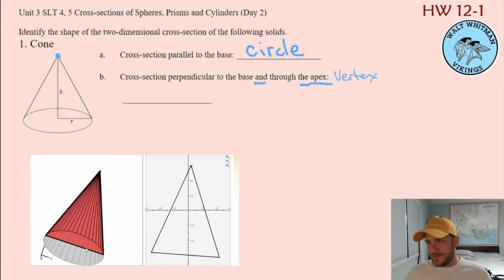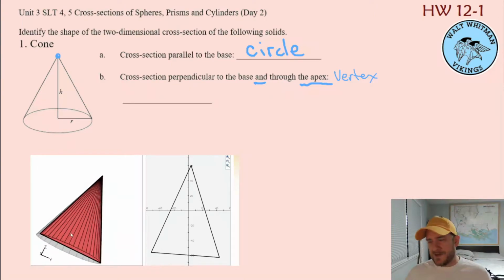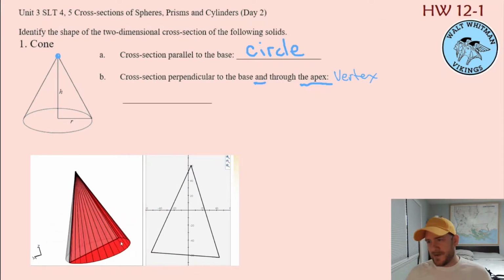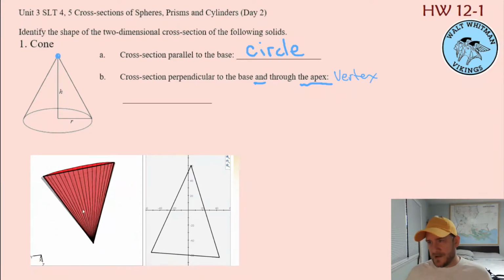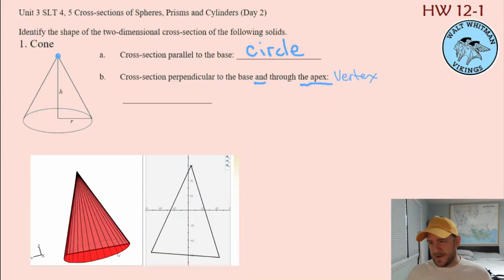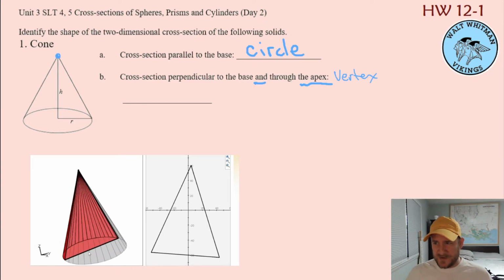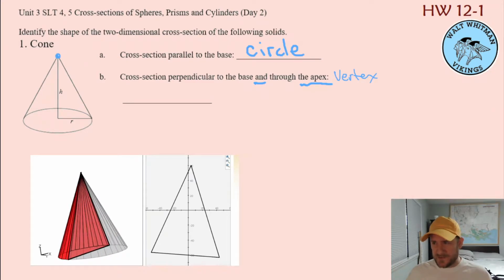So if I actually move my slice to where it does intersect the apex, again, if I'm over here, that's not hitting the apex. But then right there, we hit the apex. And you can see now that my sides are no longer curved. They're perfectly straight. And as I run across the base, I'm perfectly straight. So my cross section now is a triangle. So keeping it kind of simple, when I use a slice perpendicular to the base, but I do pass right through that apex, I just get a triangle, which I think is kind of easy to picture, hopefully.